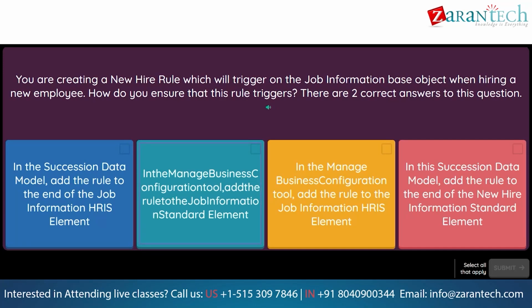Option 2: in the manage business configuration tool, add the rule to the job information standard element. Option 3: in the manage business configuration tool, add the rule to the job information HRIS element. Option 4: in the succession data model, add the rule to the end of the new hire information standard element.